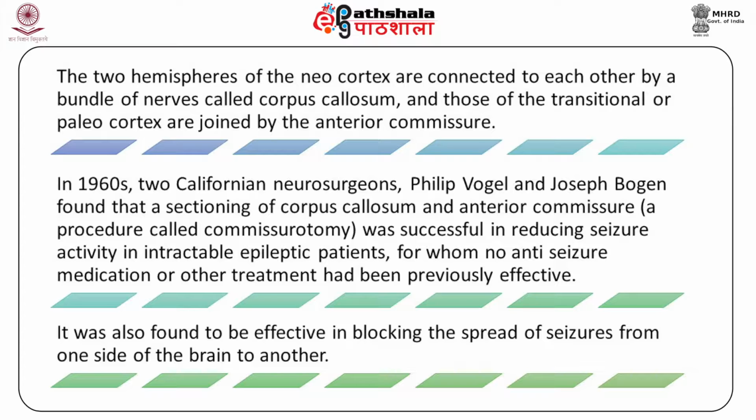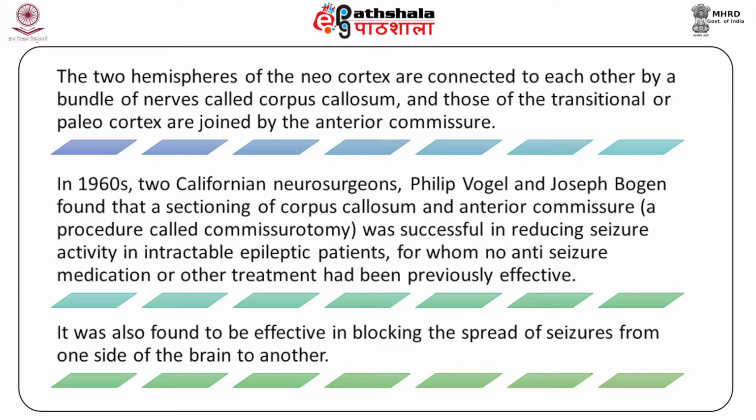In the 1960s, two Californian neurosurgeons, Philip Vogel and Joseph Bogen, found that a sectioning of the corpus callosum and anterior commissure, a procedure called commissurotomy, was successful in reducing seizure activity in intractable epileptic patients for whom no anti-seizure medication or other treatment had been previously effective.